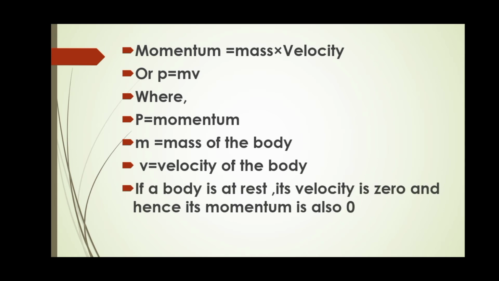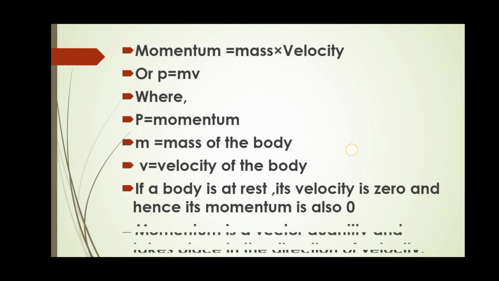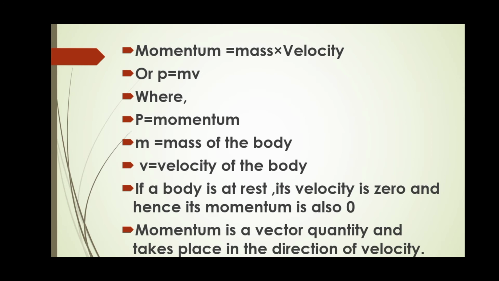So, if a body is at rest, its velocity is 0 and hence its momentum is also 0. Momentum is a vector quantity and takes place in the direction of velocity.